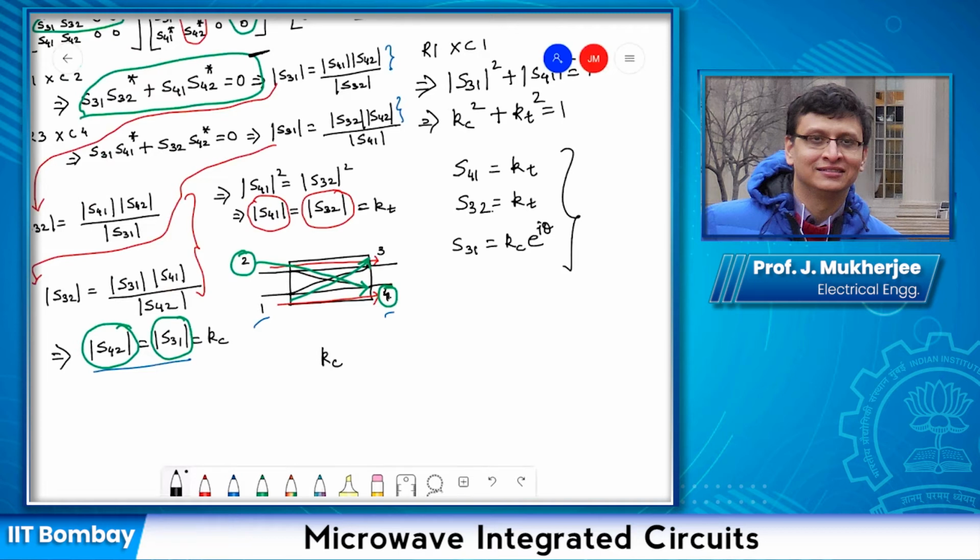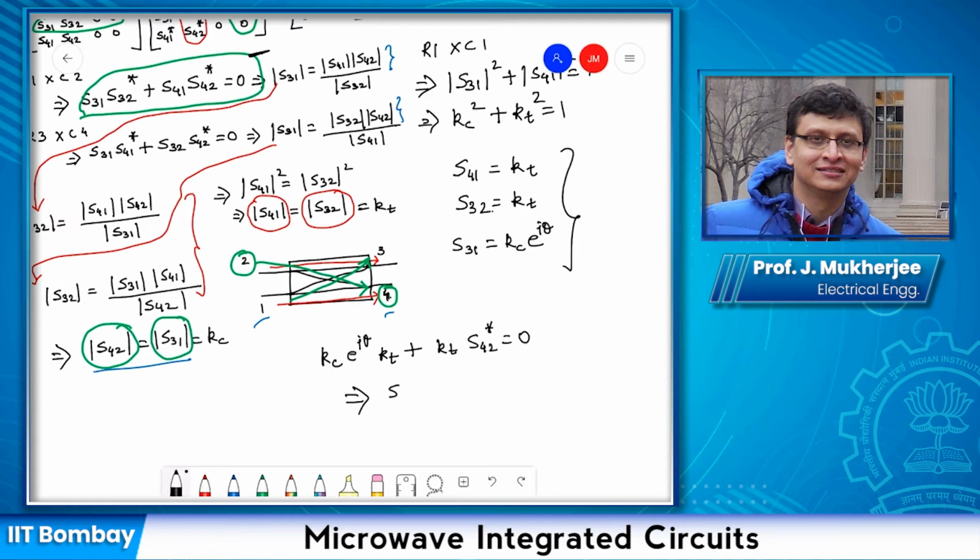Kc, S31 is Kc e raised to j theta, S32 conjugate is Kt, S41 is Kt, and S42 conjugate is unknown, and that is equal to 0.